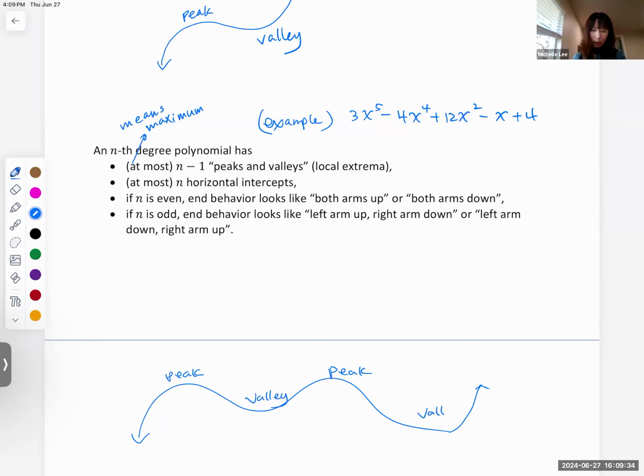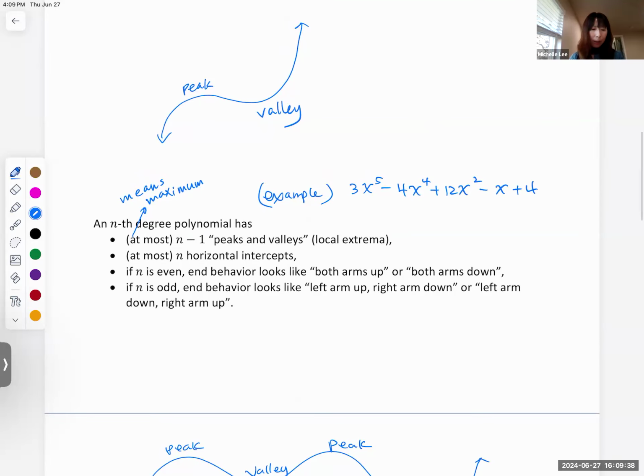This is a valley. So in the case we have n minus 1, if n equals 5, then n minus 1 is 5 minus 1, which equals 4, at most. So it can be less than 4, right? So 4 is the maximum we can have.